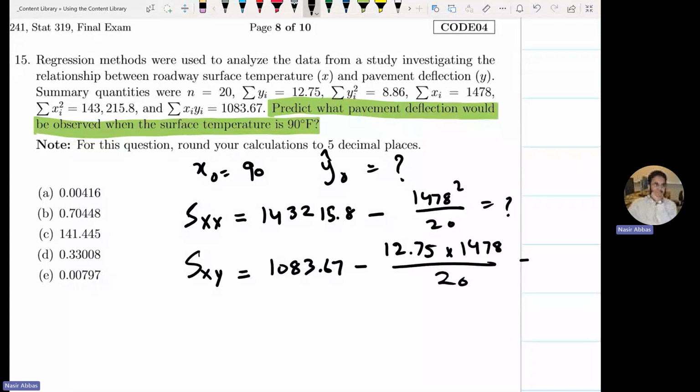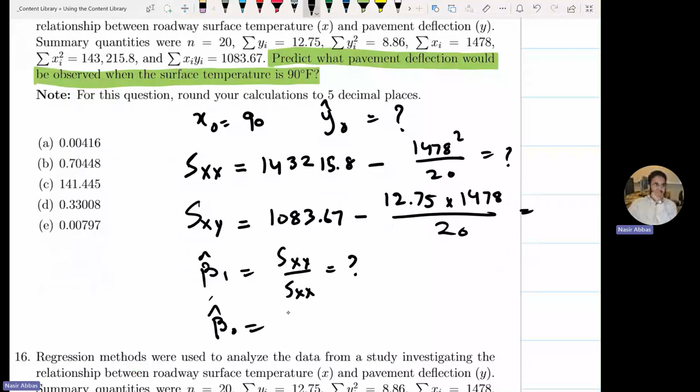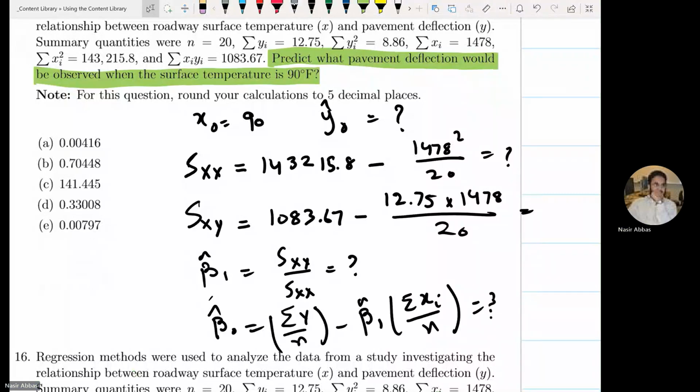Then you will find beta 1 hat, which is SXY over SXX. Then you will find beta naught hat, which is Y bar minus beta 1 hat times X bar. And finally, you will do what?